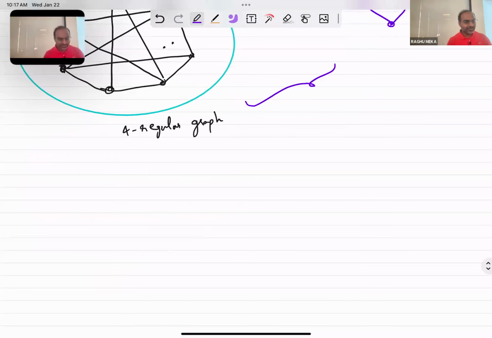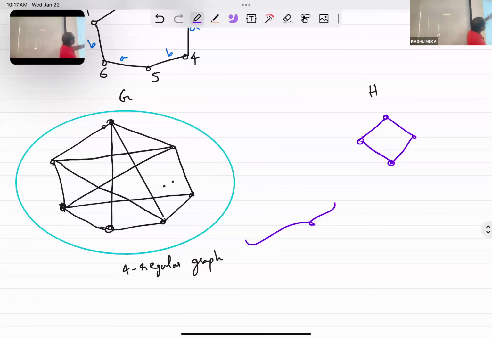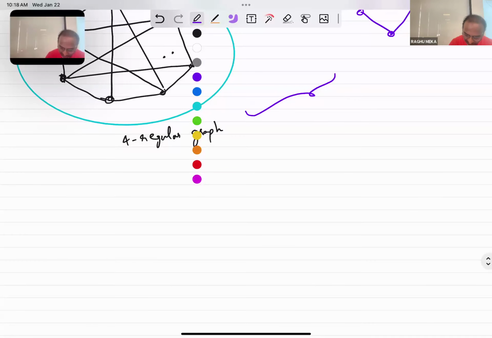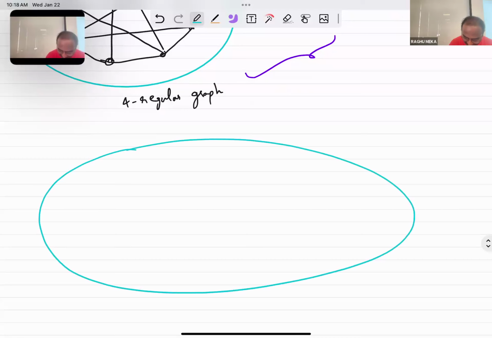How do I combine them? The first step is you should imagine replacing each of these vertices in G with a copy of H. Okay? So each of these vertices will now get expanded like a mini cloud, which is exactly a copy of H. All right? So it'll look something like this.